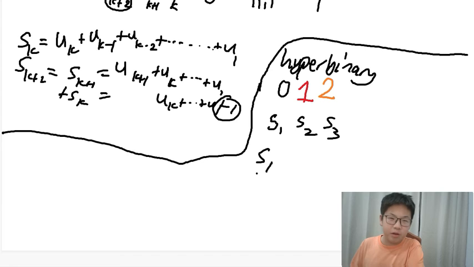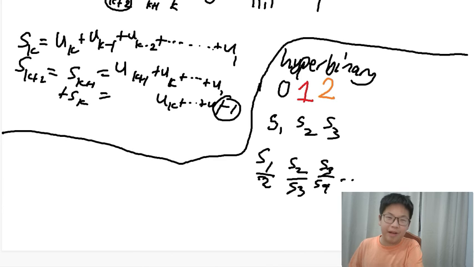Now we have S1 over S2, S2 over S3, S3 over S4, dot dot dot. And here's an amazing theorem. The amazing theorem is that this set of fractions right here is the set of fractions which are irreducible with no repeats. And how does this have to do with a binary number system on steroids?